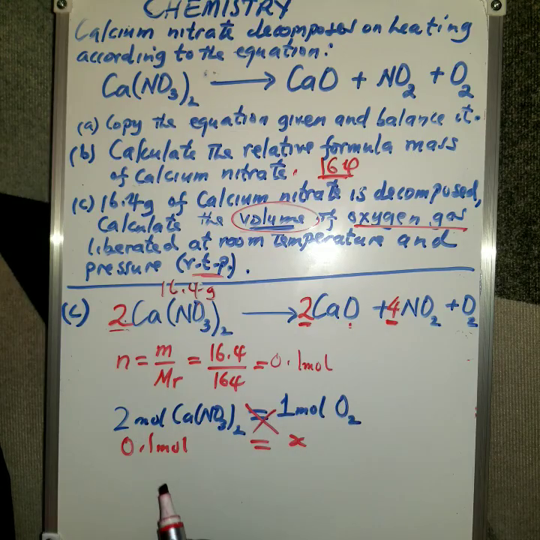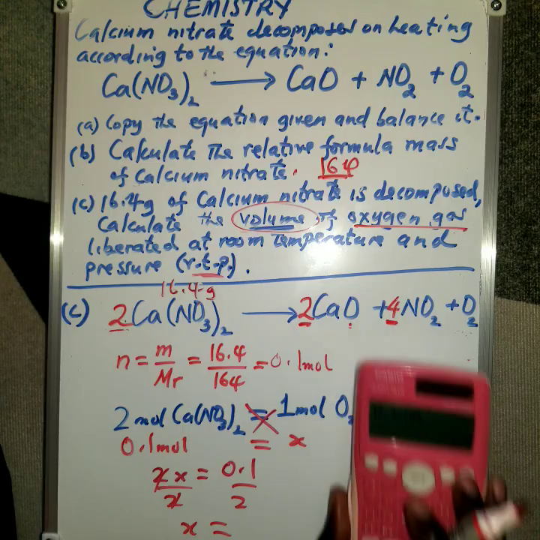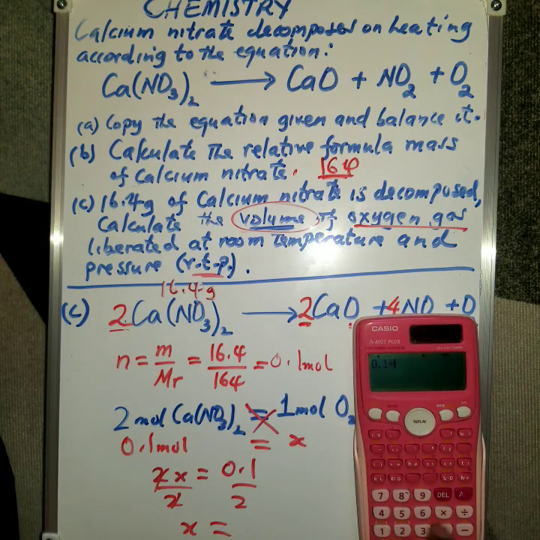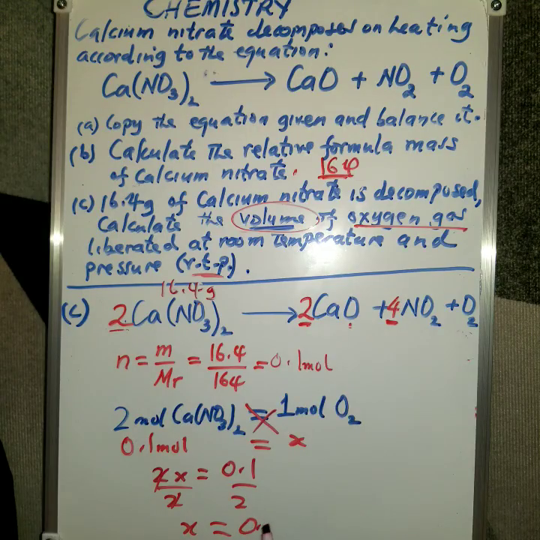We don't know. Cross multiply. So that will give us 2x is equal to 0.1. To find x, I'll divide by 2. So x will be equal to 0.1 divided by 2, that will give us 0.05 mole of oxygen. So these are the number of moles of oxygen that will be produced.